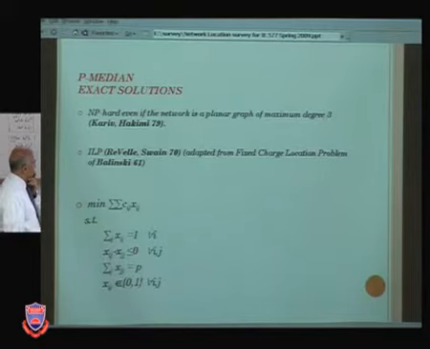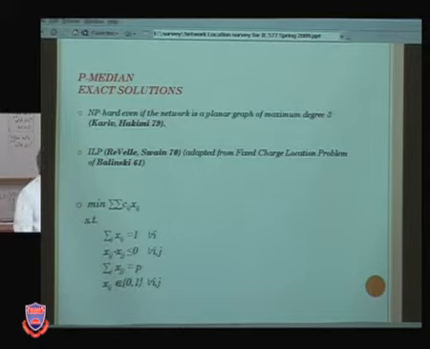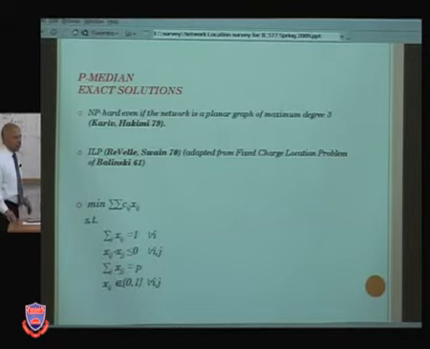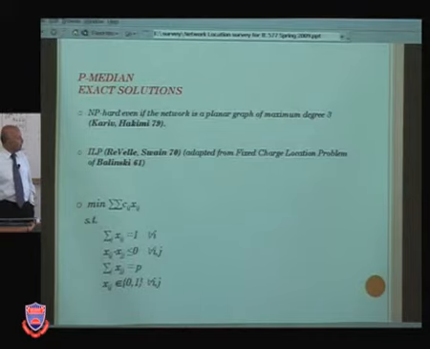The second constraint says i will receive service from node j only if there is a facility at j. And the last one simply says that you would choose only p such facilities. And Cij is the cost of serving node i from a facility located at j. So that's an adaptation from the fixed charge location problem of the earlier model, Balinski's model, '61. Okay.